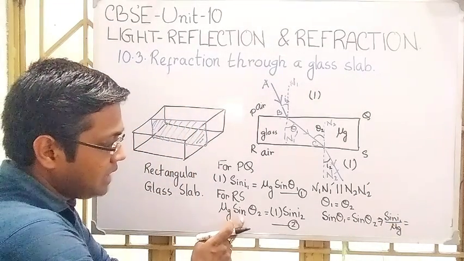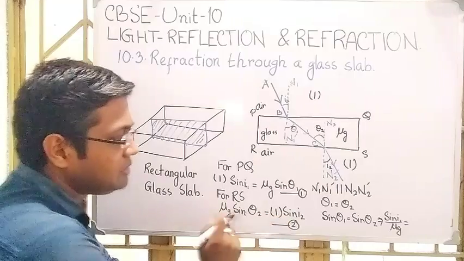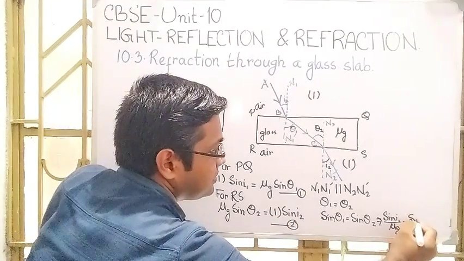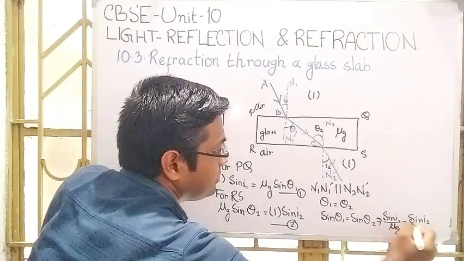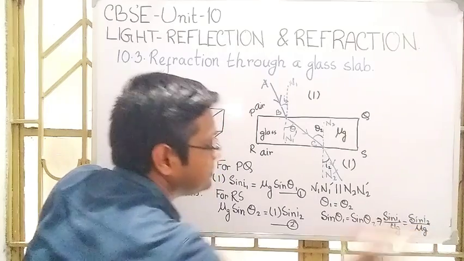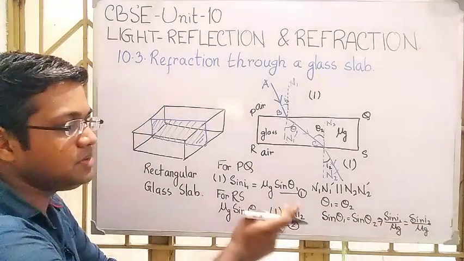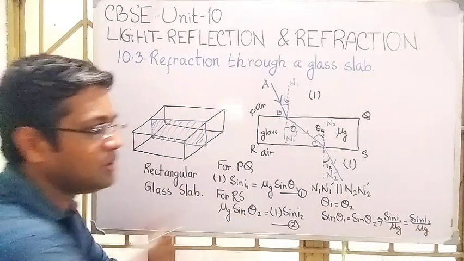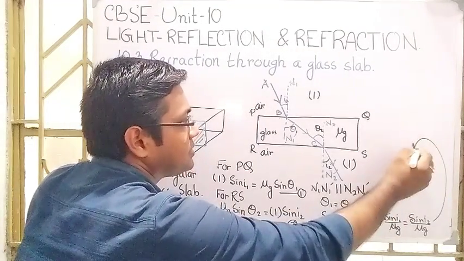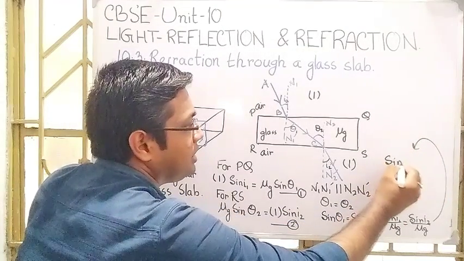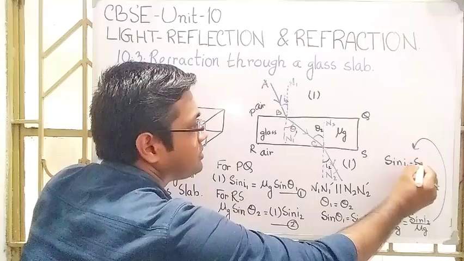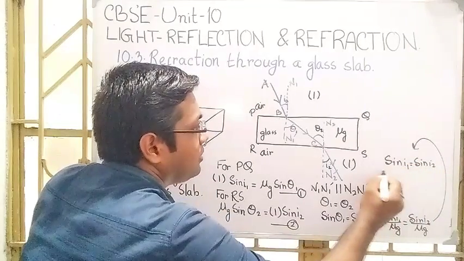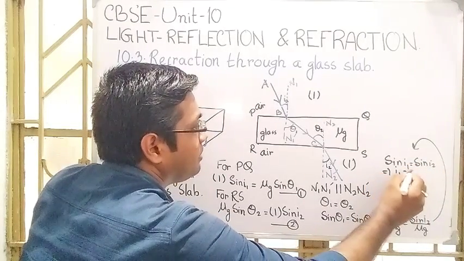From the second, sin theta 2 equals sin I2 divided by mu g. Obviously this mu g and mu g cancel out. So what these actually give is sin I1 equal to sin I2. So I1 equals I2.